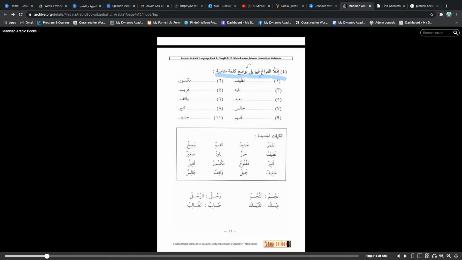Wad' can mean to put or place. Kalima is word, munasiba is just describing the word. So munasib means suitable or acceptable, what have you. So it's the suitable or appropriate word. So you put an appropriate word there.